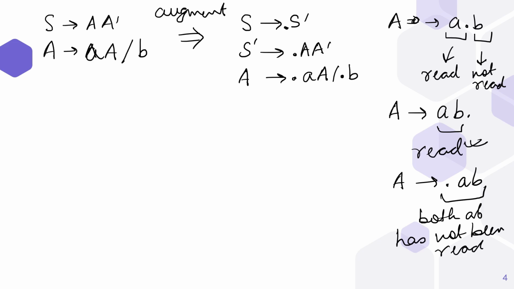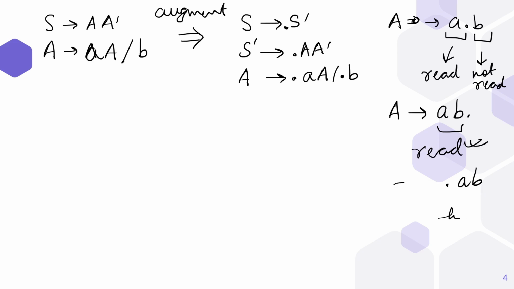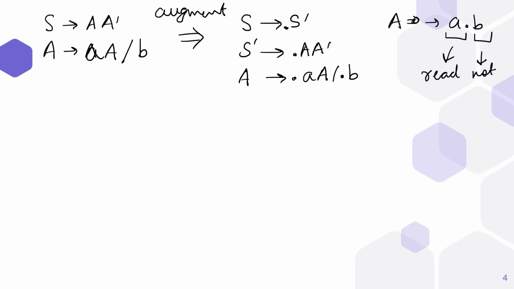Let's move on to the second step, where we would be drawing the canonical collection from this particular augmented grammar. So here we would rewrite this particular augmented grammar like this.